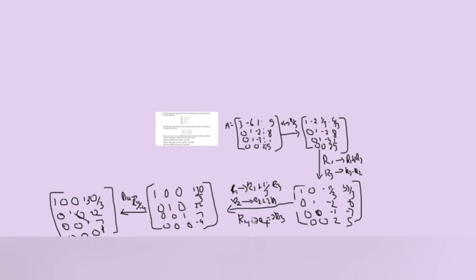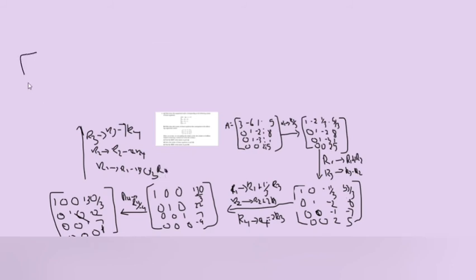And we are going to eliminate the rest by some operations: R3 goes to R3 minus 7R4, R2 goes to R2 minus 22R4, and R1 goes to R1 minus 130 upon 3 R4.